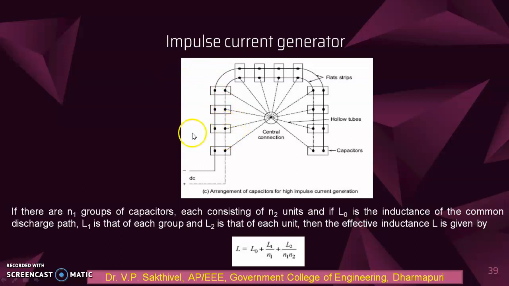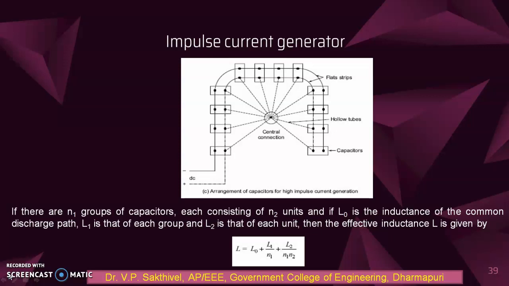Here the capacitor banks are positioned like a horseshoe. In order to minimize the effective inductance, the capacitors are subdivided into smaller units.